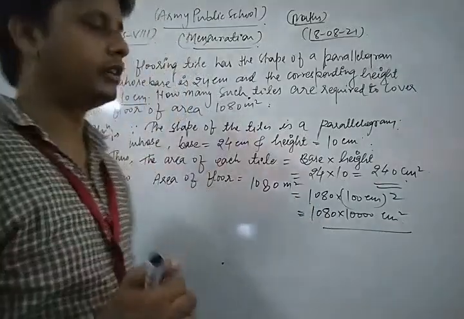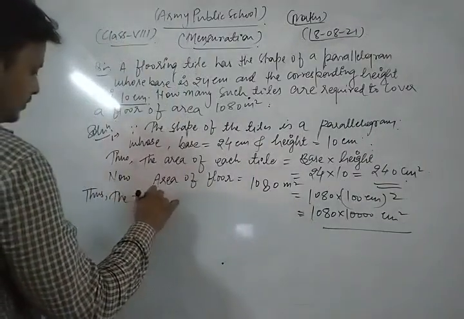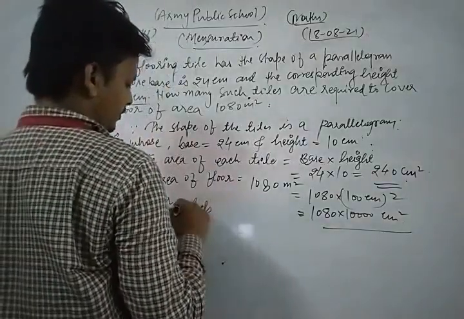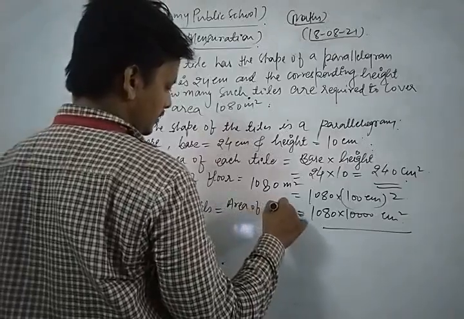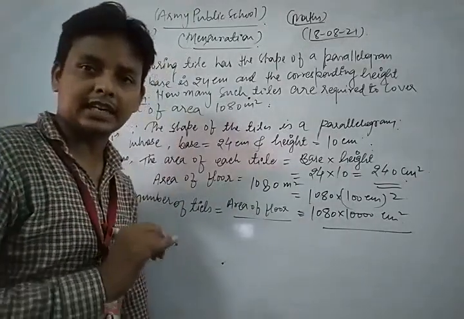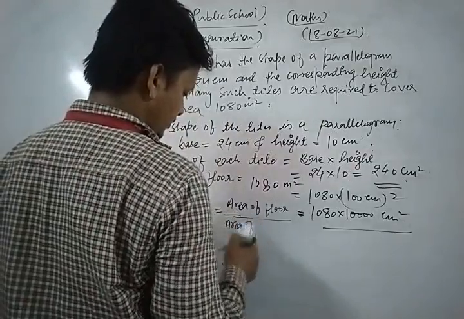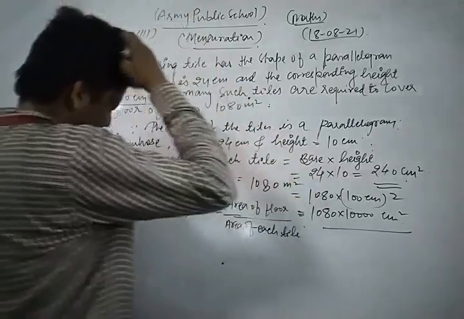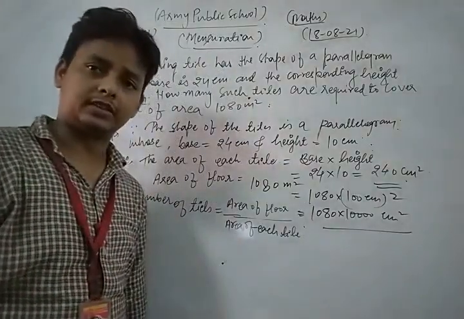Thus, the number of tiles is equal to the area of the floor divided by the area of each tile.